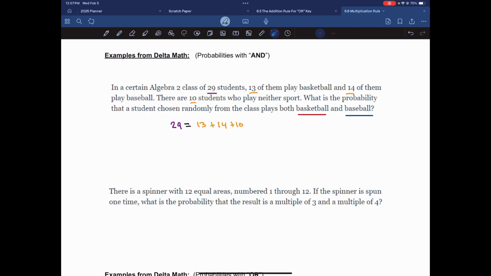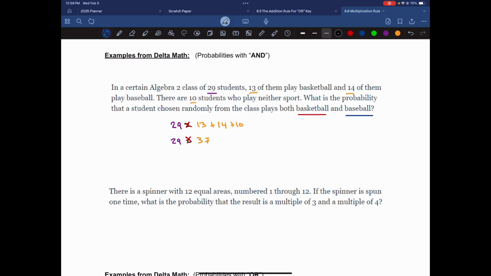Okay? So if it equaled the same number, then there's no overlap. But if it doesn't equal the same number, like this one, 13 plus 14 plus 10 gives me 37, then we know that there's an overlap, okay? So because those don't equal the same number, I know I have an overlap, which is good because it's asking for my overlap. So I hope I have an overlap, right?